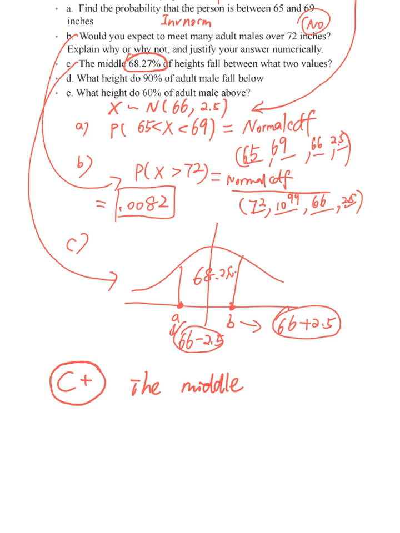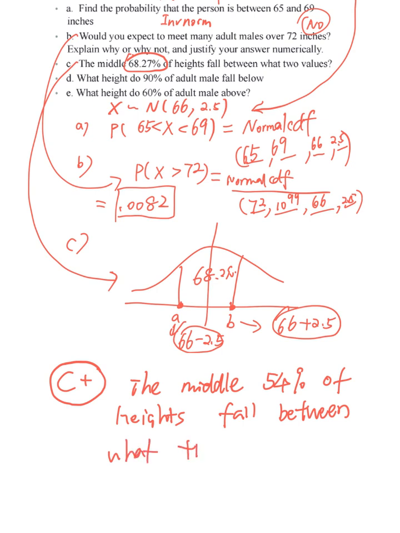how about 54% of heights fall between what two values?